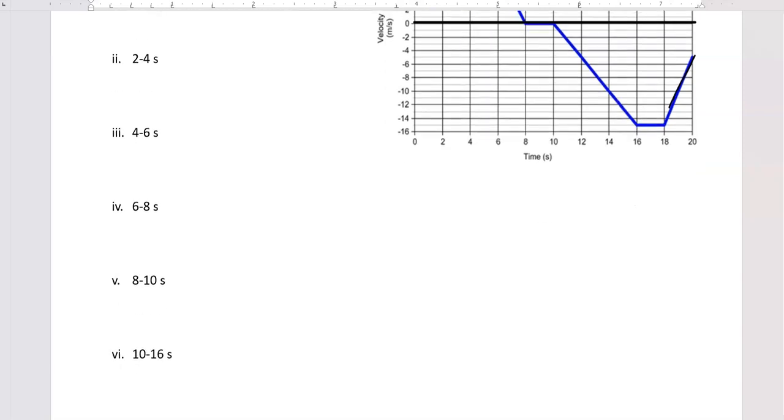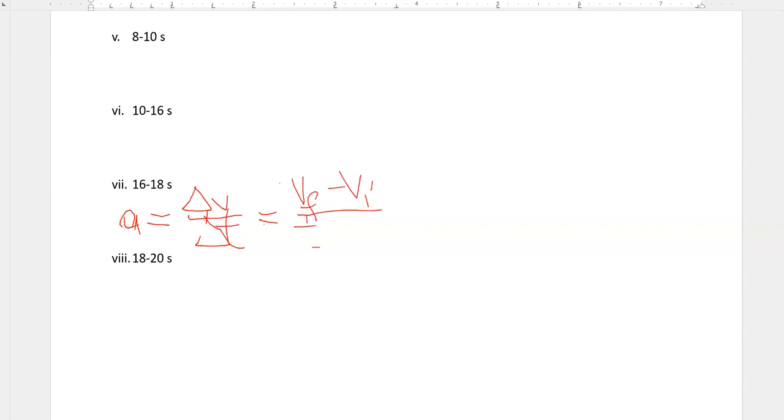So if you were to actually write this out, you would write it out as the acceleration is our change in velocity over our change in time, and our final velocity minus our initial velocity over our final time minus our initial time. Apologies for the quality of the writing with these styluses. And we plug these in.